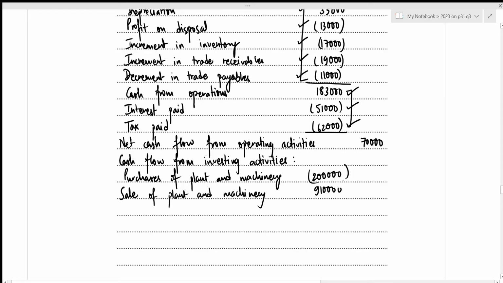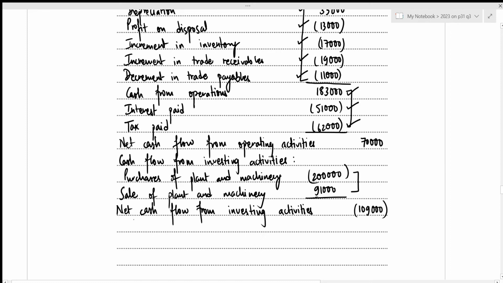That will be all for our investing activities section. So we can now figure out the net cash flow from investing activities. That will be negative 200,000 plus 91,000, which results in negative 109,000.